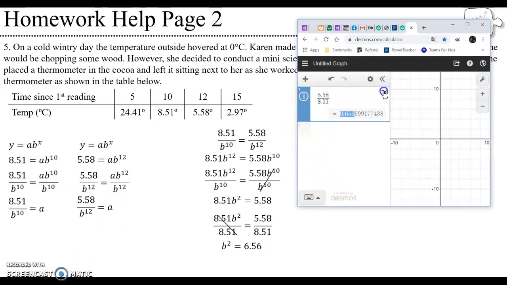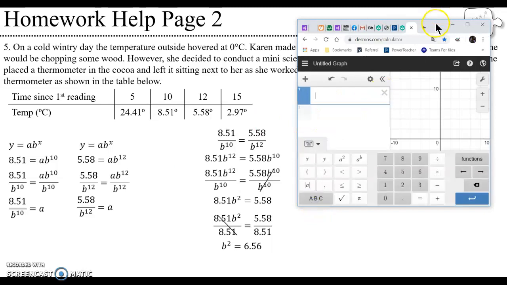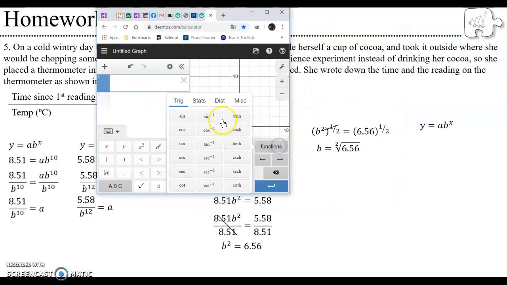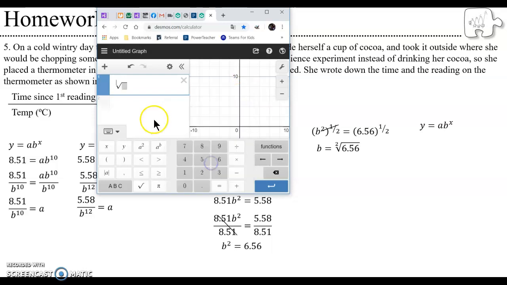Even so, we could still do it this way. We go to miscellaneous, and we do the nth root, and we'll put 2 there. Even though it's redundant and we don't need it, I'm just showing you so that you could use it for other problems.